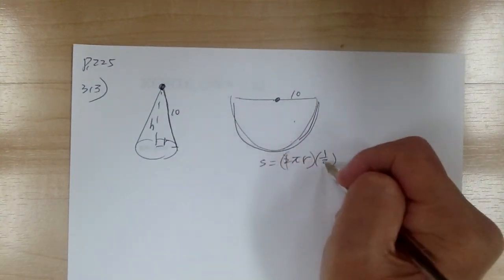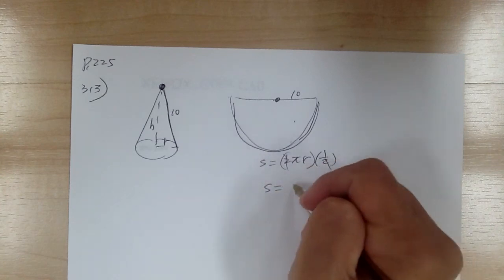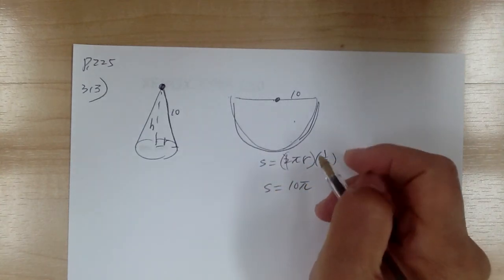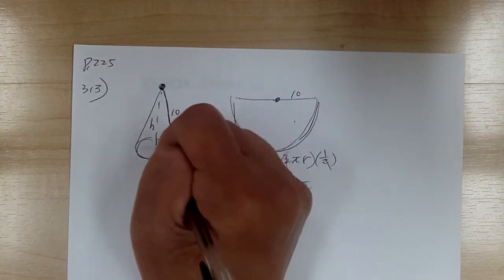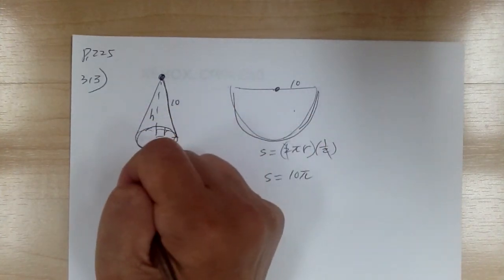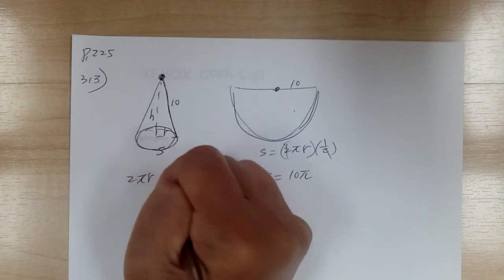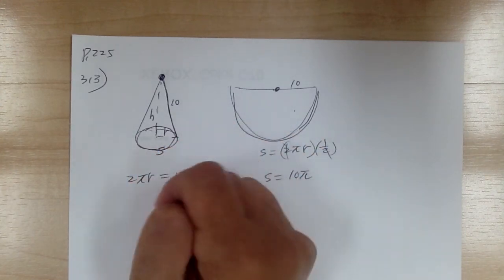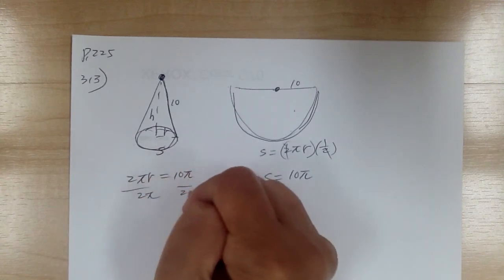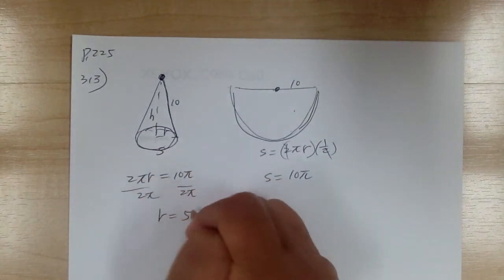So this cancels out, so S will equal 10 pi. So the 10 pi is this right over here, that is the circle right over here. So that means 2 pi R equal to 10 pi. So divide by 2 pi, divide by 2 pi, so R equal to 5.